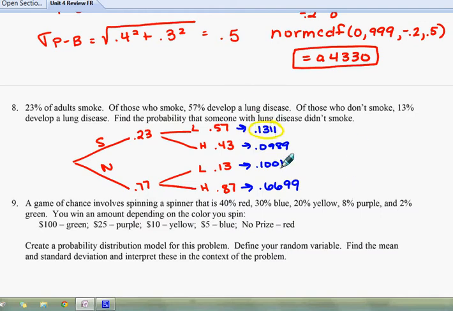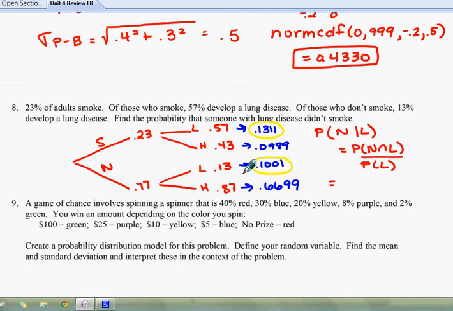So here are my folks with lung disease. So what I'm going to say is we're going to find the probability that somebody with lung disease, that's what I'm given, did not smoke. So to do this one, I'm going to do the probability of both: probability of non-smoker and lung disease over the probability of lung disease.